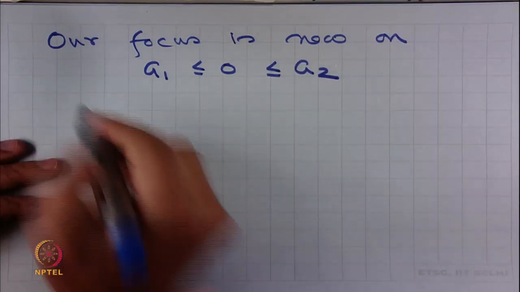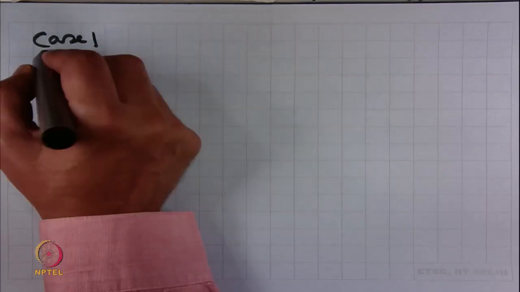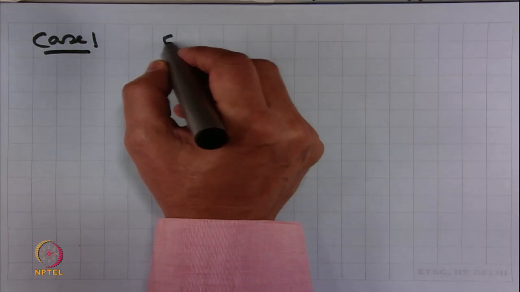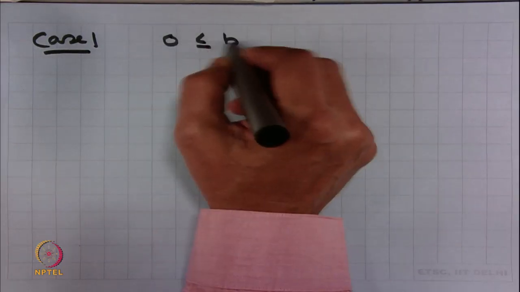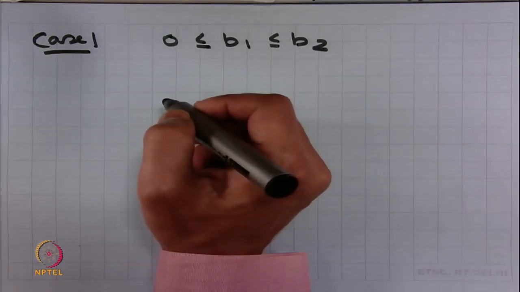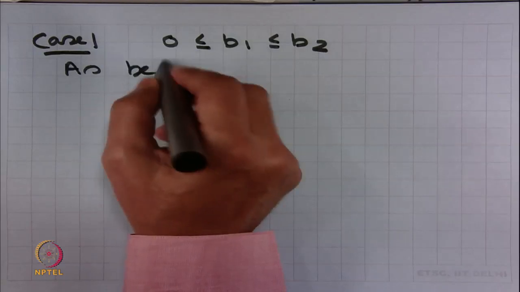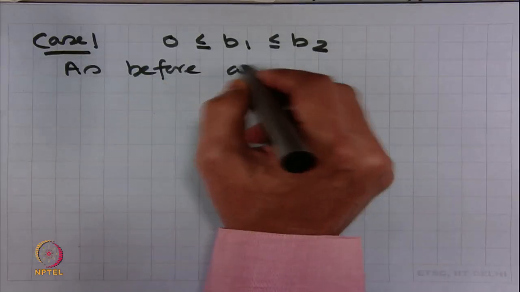Here let us look at case 1. So, case 1, 0 less than equal to B1 less than equal to B2. As before, we have three cases.